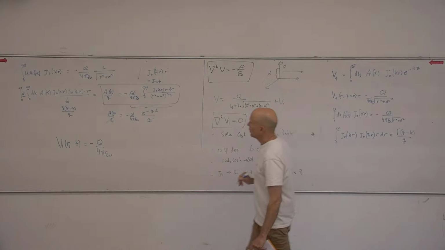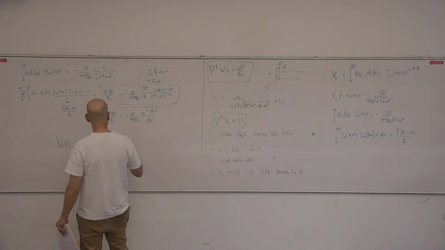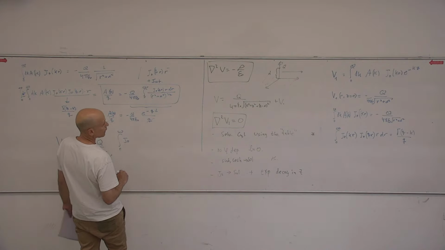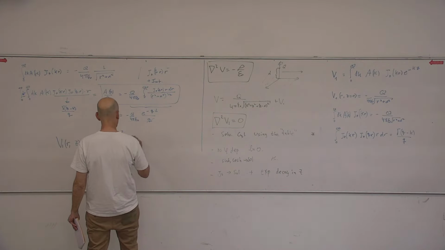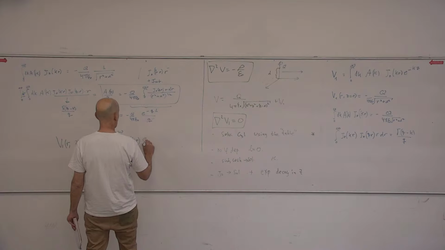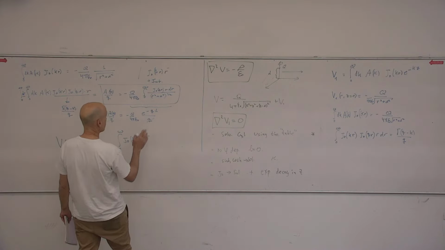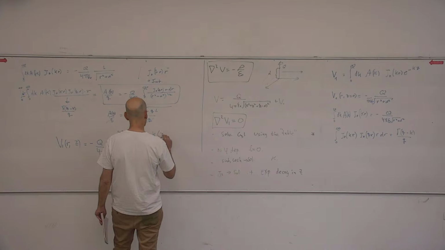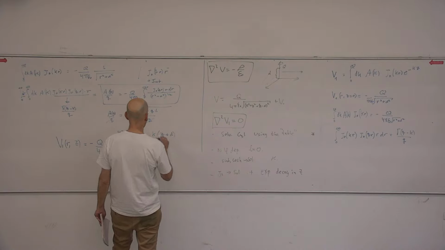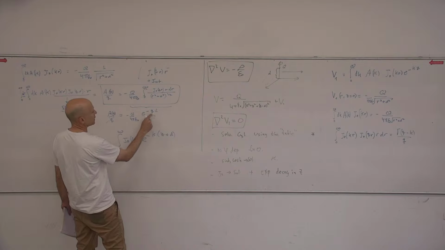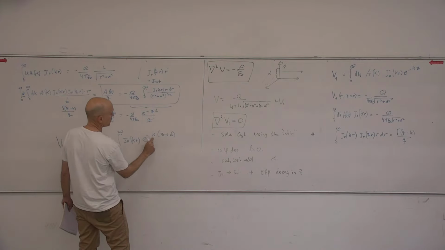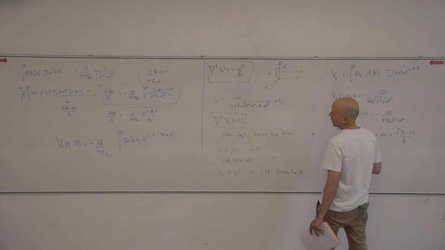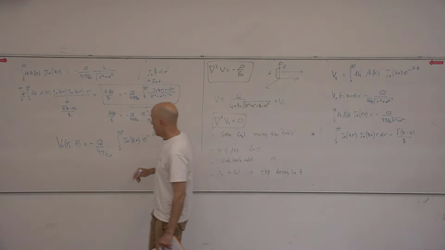Then I have the integral of J0 KR e to the minus K, Z plus D, because AK is minus QD, so here is KD. KZ is this one. And this is the solution.